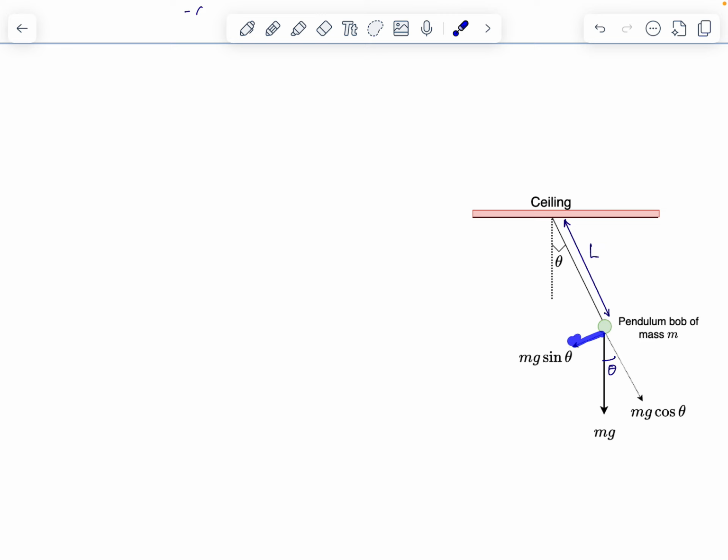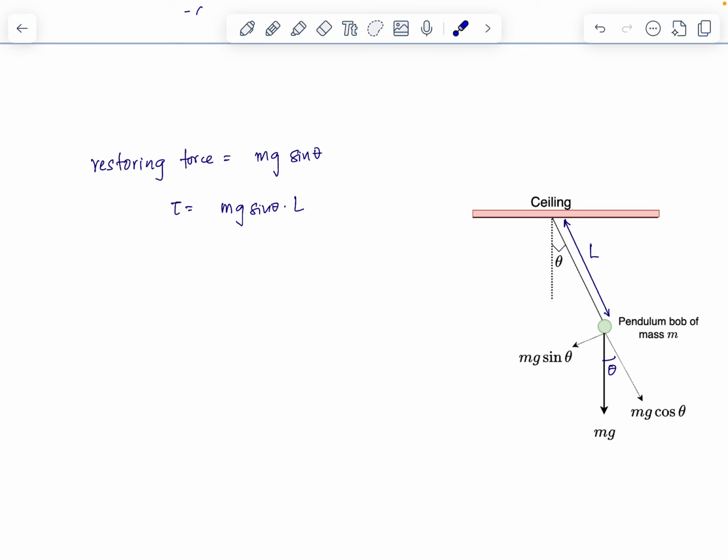So you can think of the restoring force as equal to mg sine theta. Corresponding to that, there is a torque, which is mg sine theta times L, where L is the length of the string.